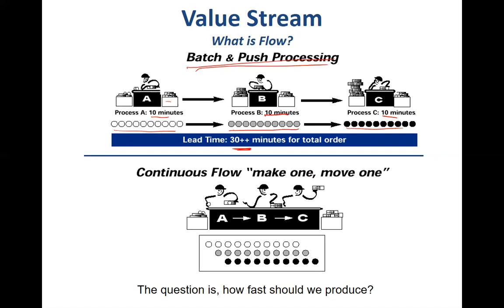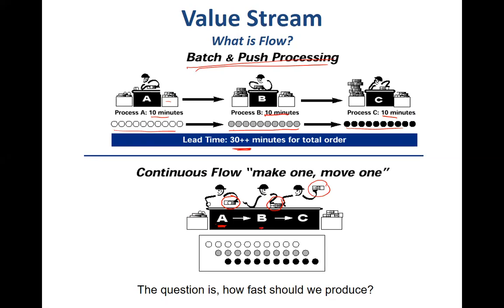When we convert that into a continuous flow, what happens is we are making one and moving one. So that's what is going on at the bottom. So we are now putting all these three different processes together. So when one of the product has been made, or whatever the process had to do at step one or step A, it goes to the next one in line, and then that next step does its task, which is B, and then the third one.